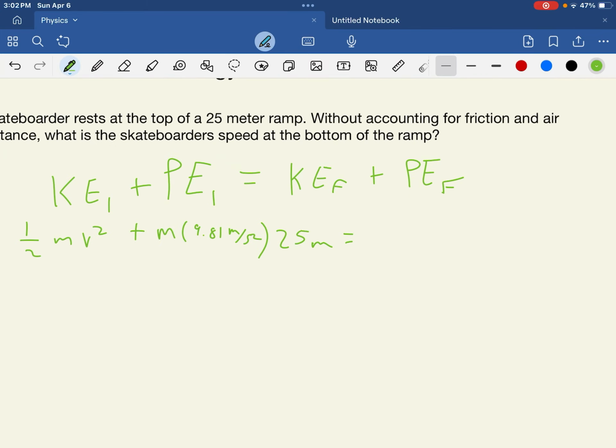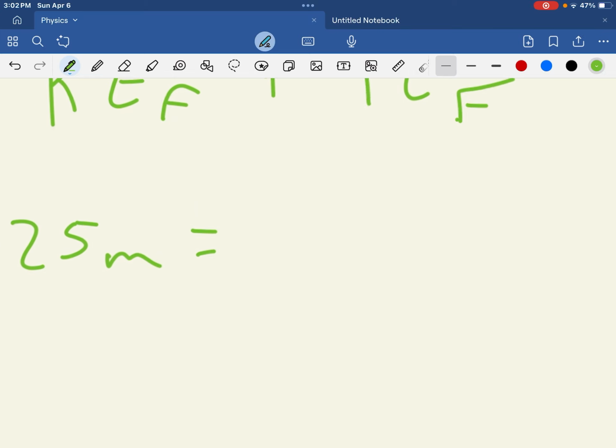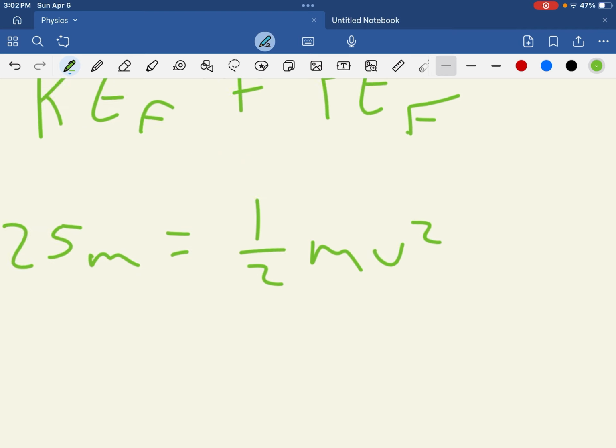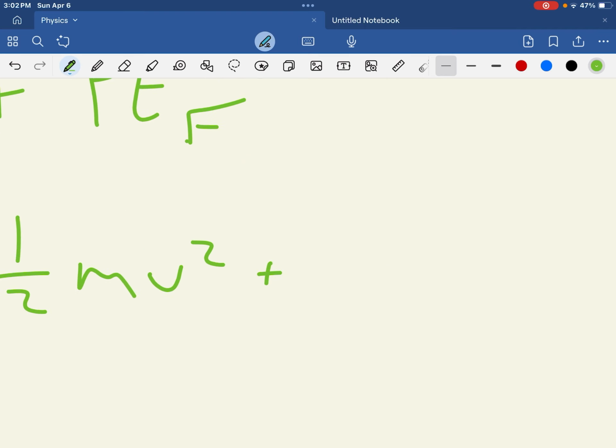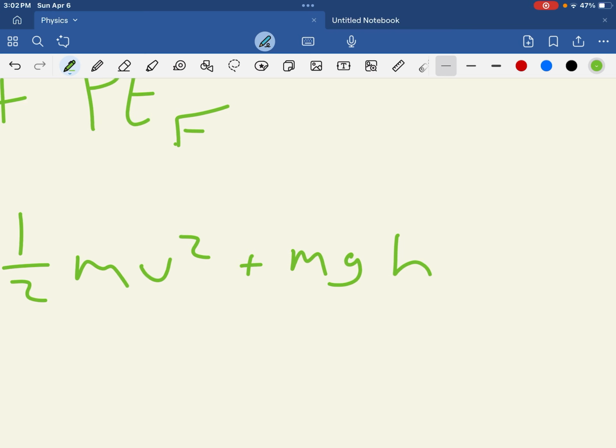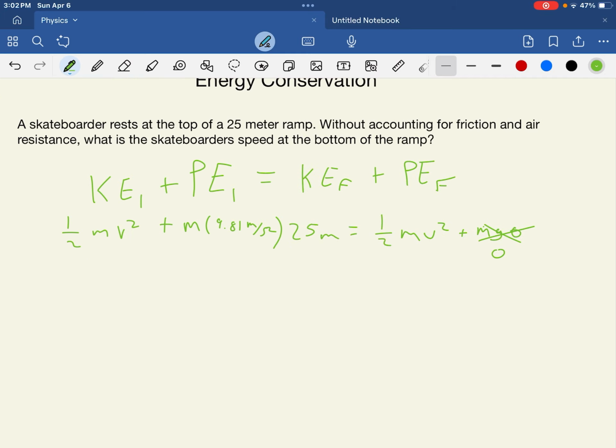And then that equals kinetic energy final, which is 1/2 mv squared, plus potential energy, which is still mgh, but at the bottom of the ramp we know it's 0. So this whole thing, if this is 0, anything times 0 is just 0. So this whole thing does not matter.